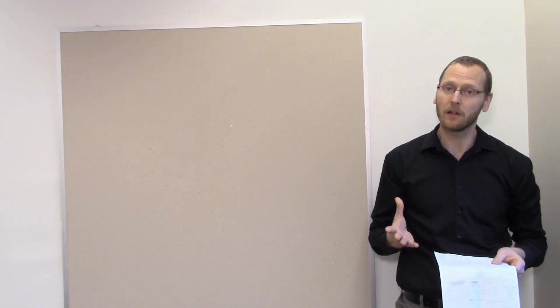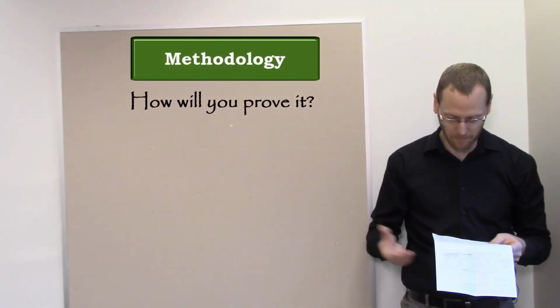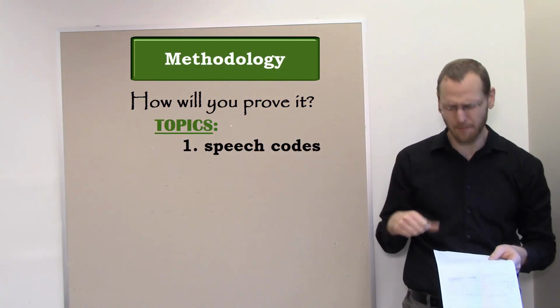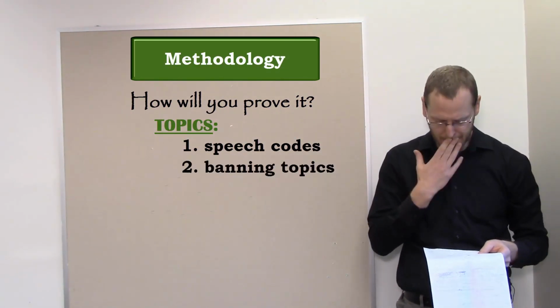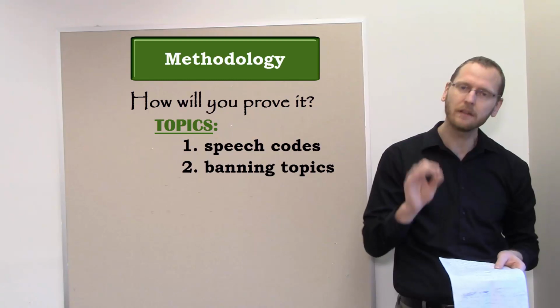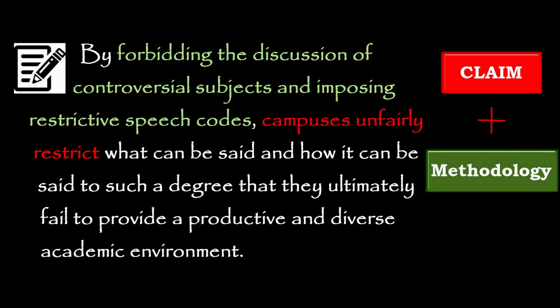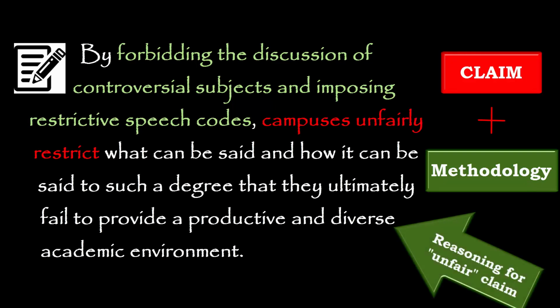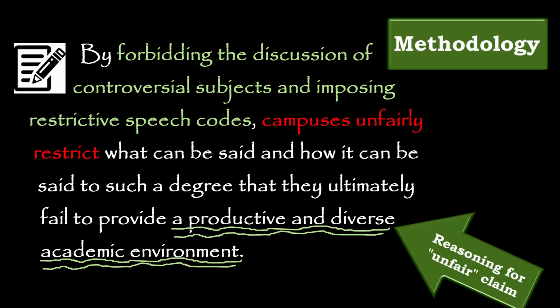And we have methodology. We understand how you're going to go about proving that. We know that you're going to look at speech codes and the banning of certain topics. And what makes this a really good thesis is that we get a glimpse of your reasoning, which stems from your belief about what the academic environment should look like, and that is for you the free exchange of ideas.